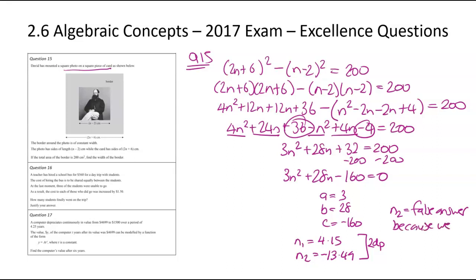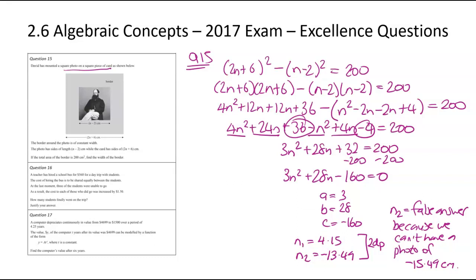Because we can't have a photo of negative 15.49, and we are dealing with centimetres as our units. So I've ignored that, which means n1 of 4.15 is our final answer.